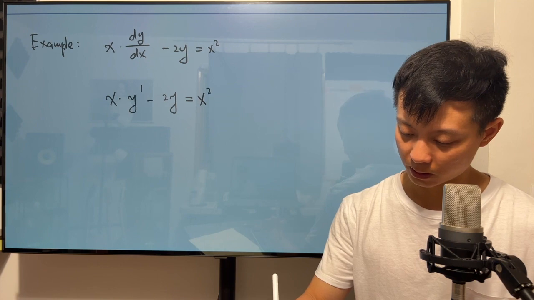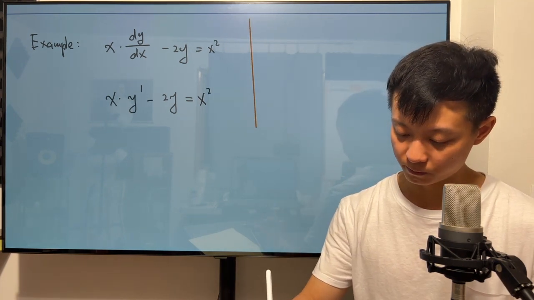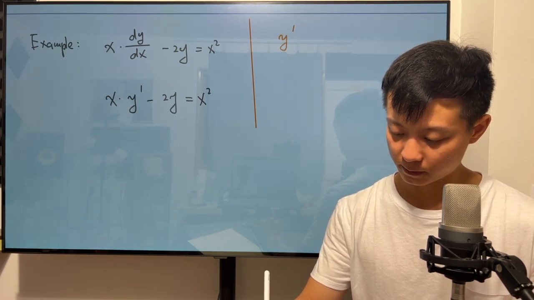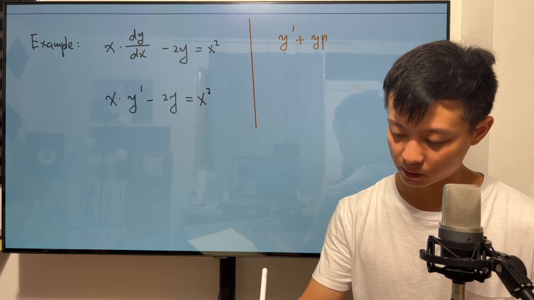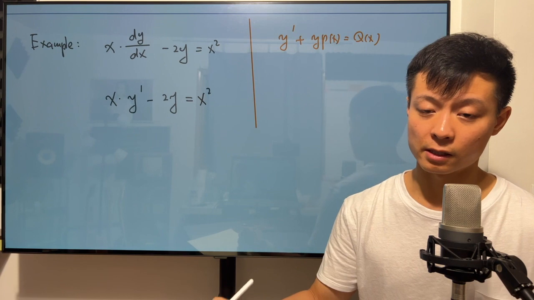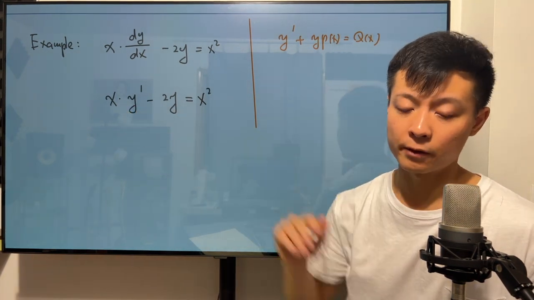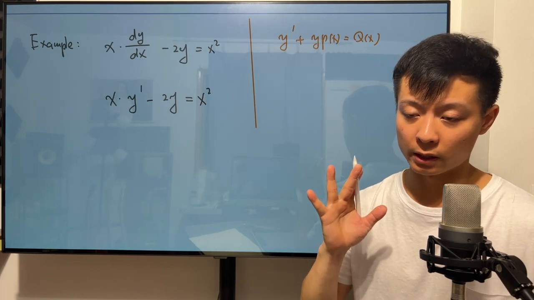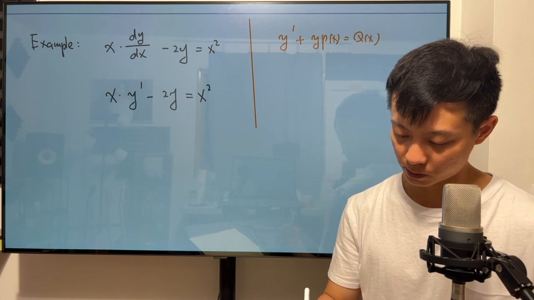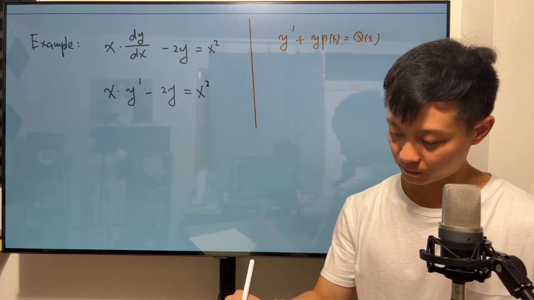Compared to our form that we discussed before, which is y prime plus y p of x equals q of x, something that is different here is we have an extra x multiplying with the y prime. So we need to get rid of that. And to do so, we can just simply divide both sides by x.